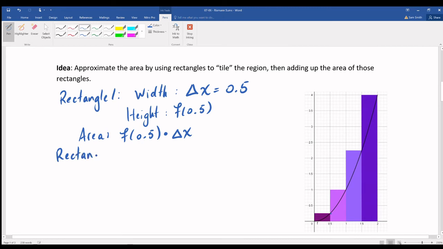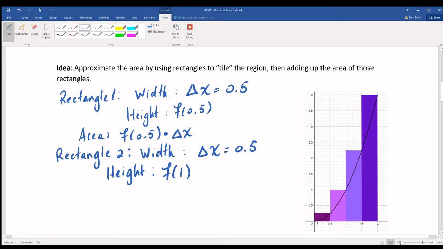Rectangle 2. Rectangle 2 has exactly the same width as did rectangle 1. Rectangle 2 has a width of the change in x, an increment of half a step from 0.5 to 1. But the height of this one is different. The height of this second rectangle can be found by plugging x equals 1 into the function. That is how high this rectangle is. Rectangle 3, let's write down the area for rectangle 2 real quick.